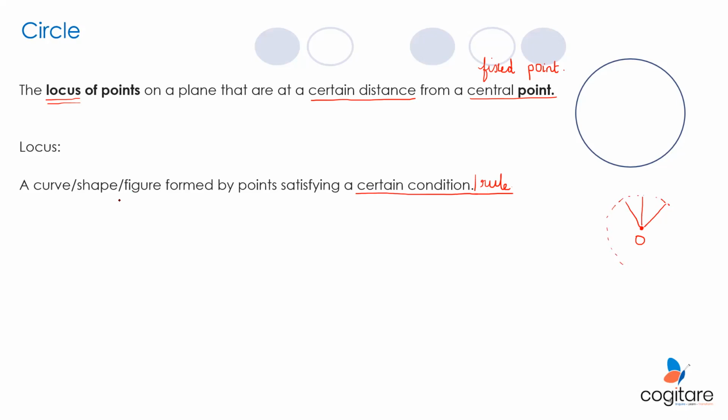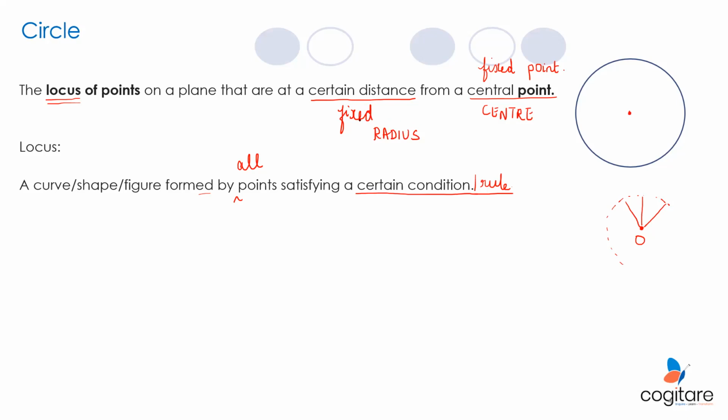So a locus is a shape formed by all those points that satisfy a given condition. And for a circle, that condition happens to be that from a fixed point, which we call the center, we look at all those collection of points that are from a fixed distance from the center. And this fixed distance we know is the radius, and the fixed point is the center.